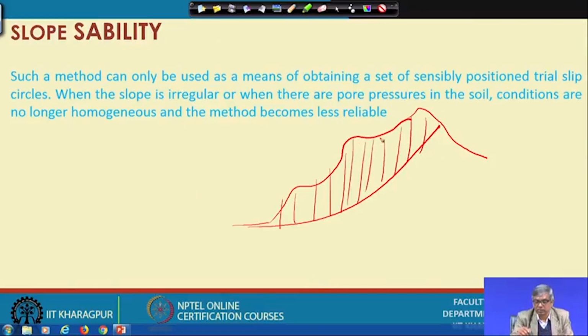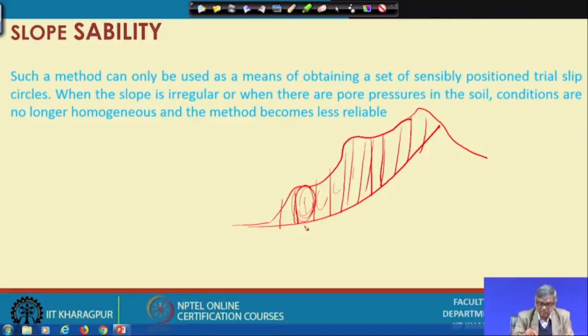We have introduced the method of slices, but that is not really a method of slices. There, to calculate only the weight of each slice, we had only divided the mass into a number of parts. So, that was a graphical method. That means, if I divide into slices on graph paper, and count the number of squares, you can find out the area, multiplied by unit weight, we get the weight of each slice.